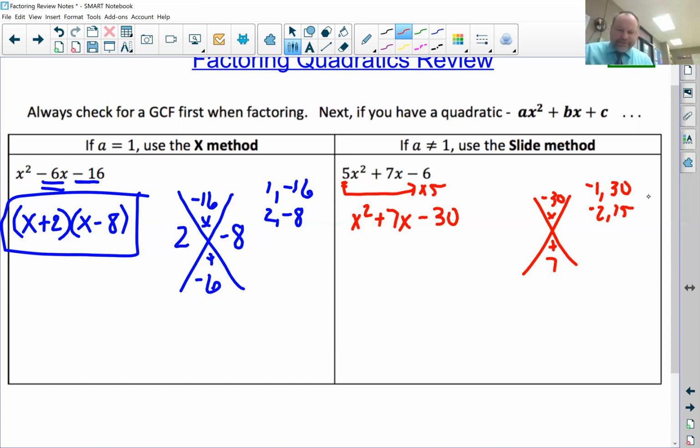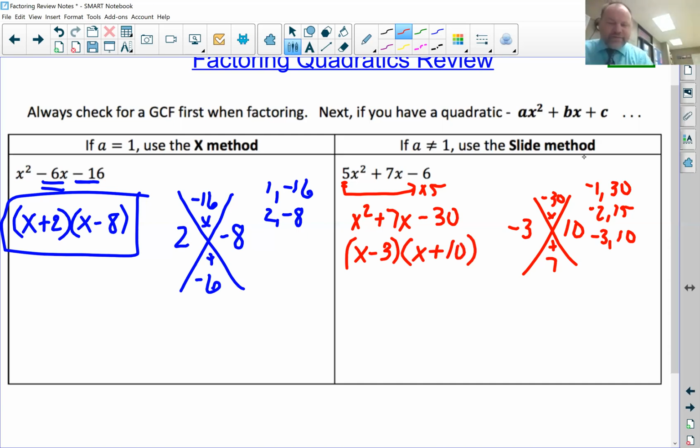Negative 2 and 15, not quite. Negative 3 and 10, that one works. So x minus 3, x plus 10, but we're not done.